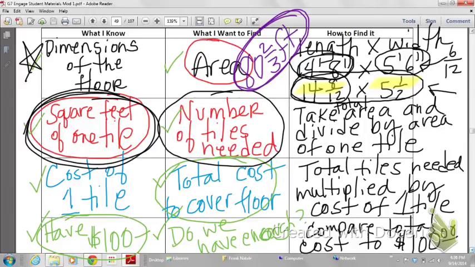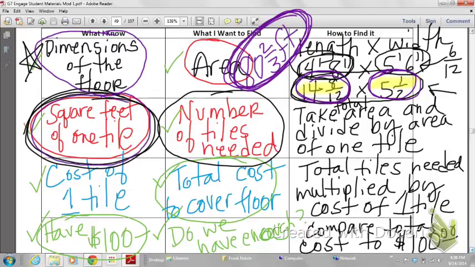Okay, so our next step, now that we have our area, that's the first thing we needed to do, because we used what we knew, which were the dimensions of the floor. We took that and we converted our feet and inches to straight fractional feet, and we got 80 and 2 thirds feet. Now the next thing we knew was the square feet, or the area of 1 tile, and that was going to give us the number of tiles needed.